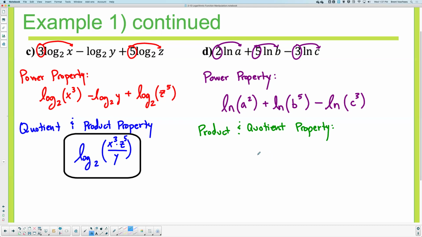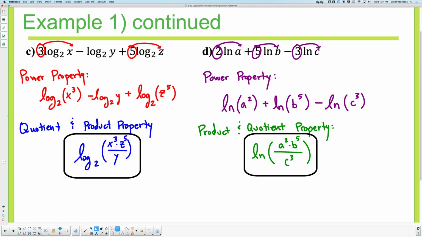So 3 clean natural logarithms. The natural log means a log with the base of e. Any log that originates as a positive log goes to the numerator, which in this case is a squared times b to the power of 5. Good. And in the denominator, c cubed. You got it. And that would be your answer there.